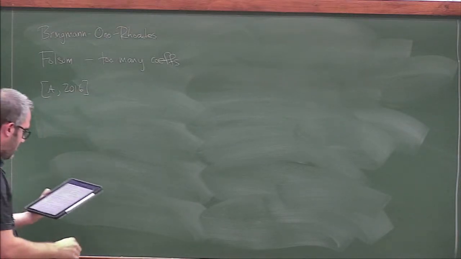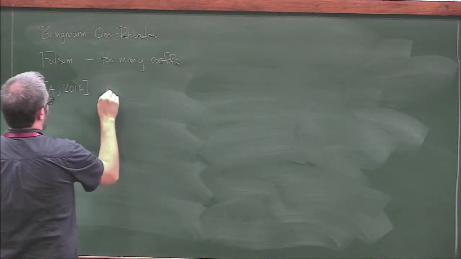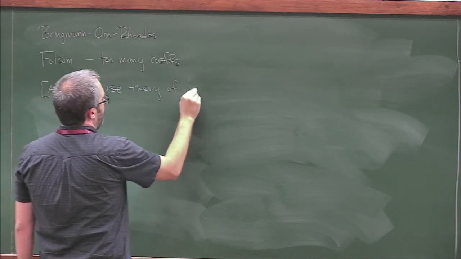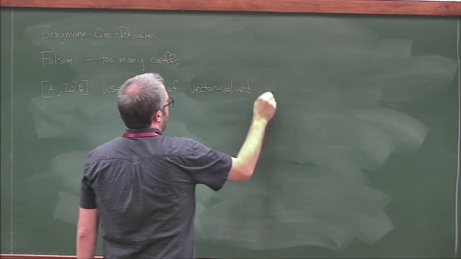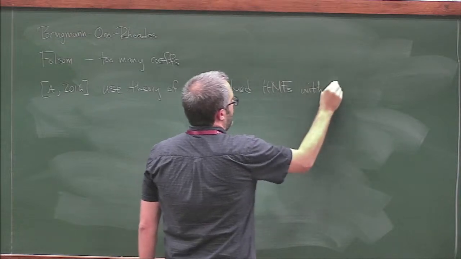What you can do is use the theory of vector-valued harmonic Maass forms with the Weil representation.